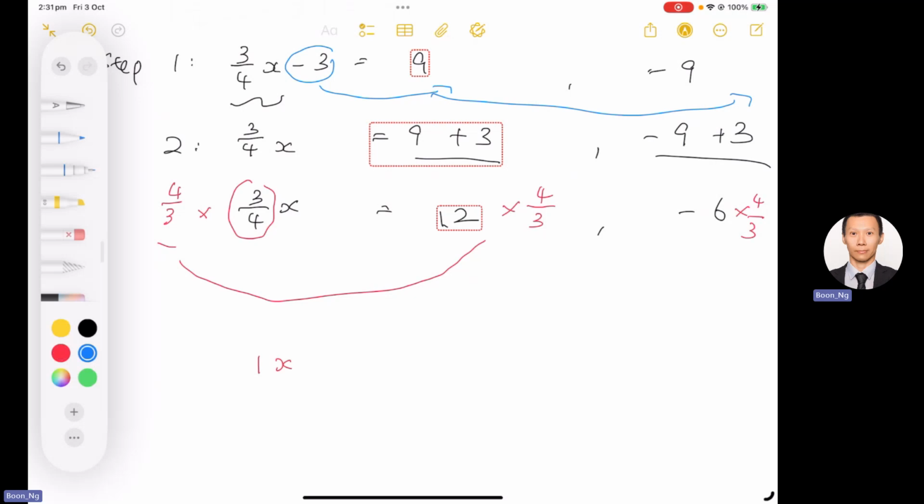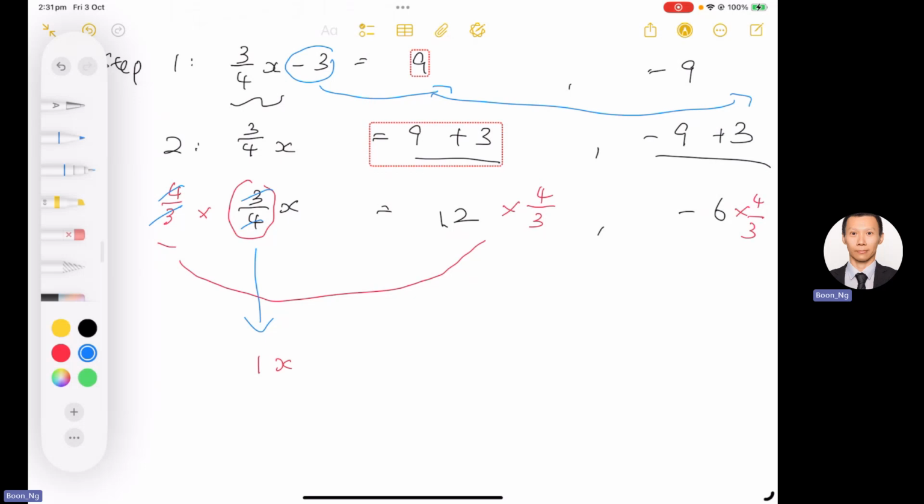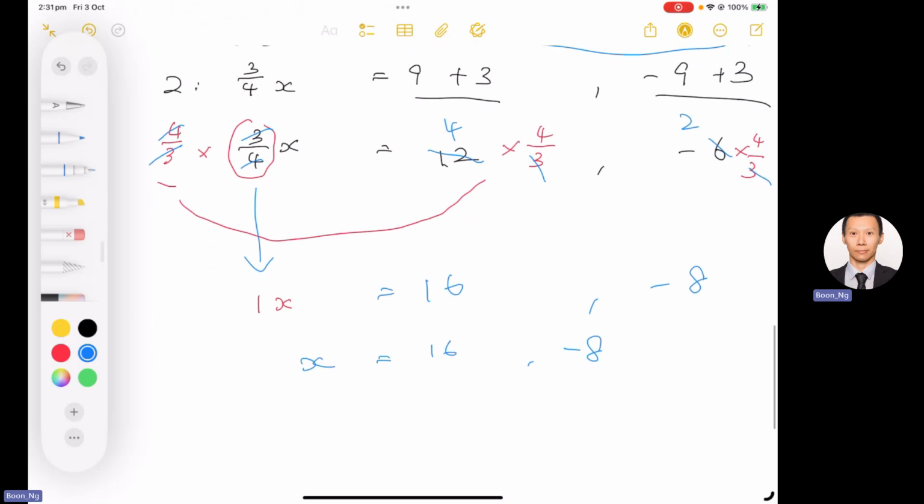So this cancels out, this cancels out, and we get 1x. So we get 16, and we get negative 8. So x can be either 16 or negative 8.